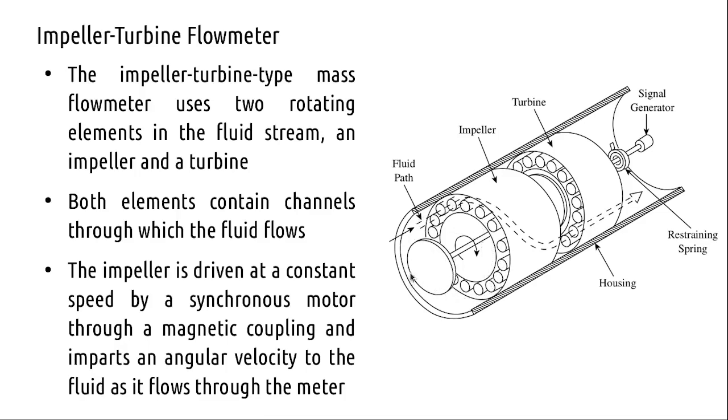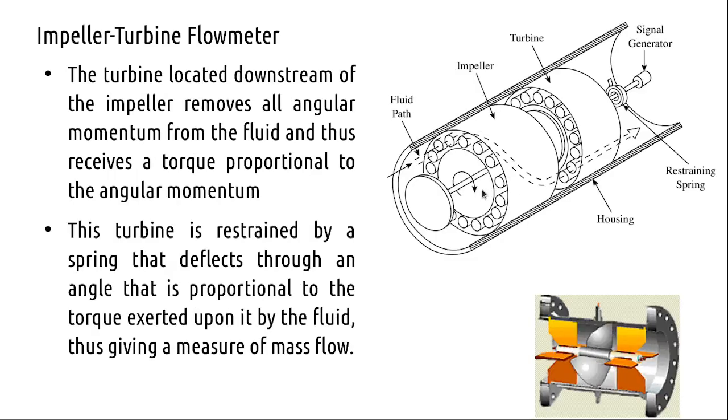So you will have a synchronous motor to drive this impeller mechanism, and this is imparting angular velocity to the fluid. This impeller and the turbine have pathways, tubes through which the fluid can flow. Now when the fluid that exits from the impeller flows through the turbine, it is going to rotate this turbine.